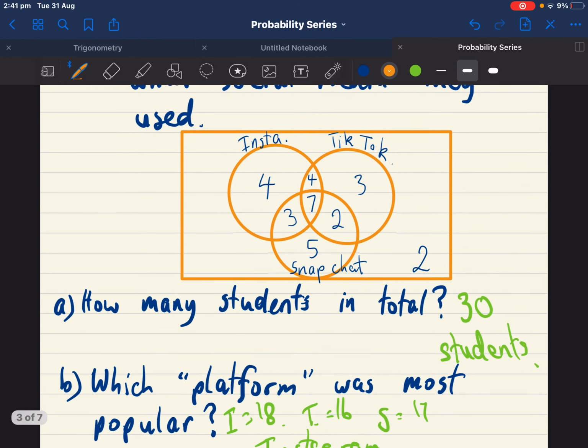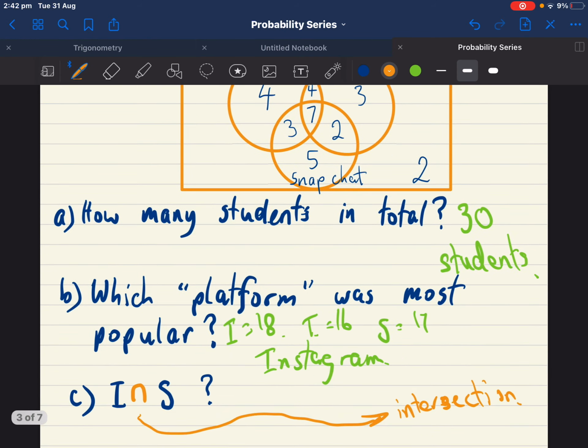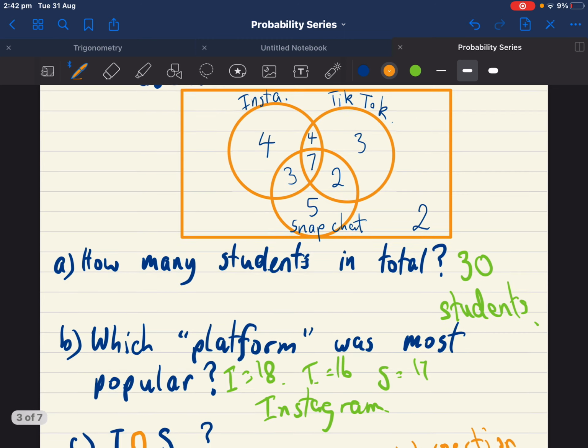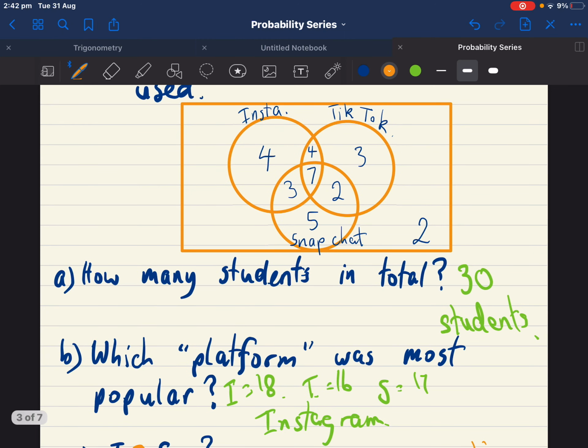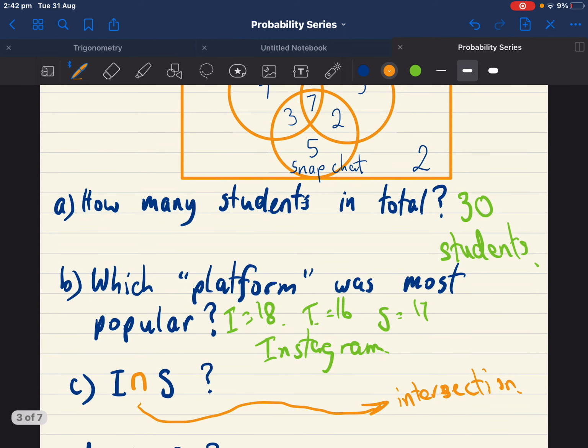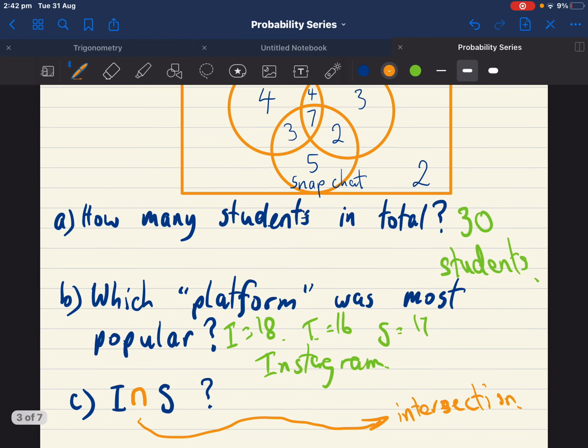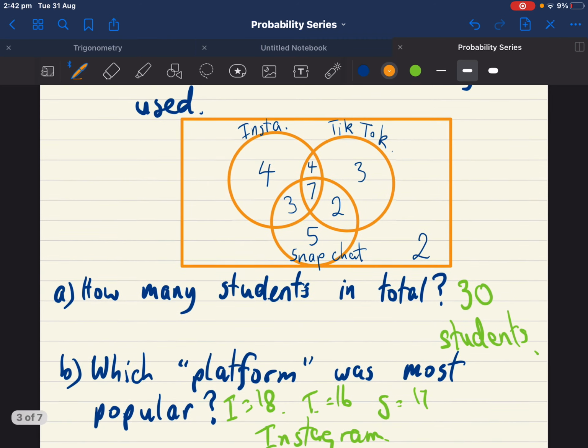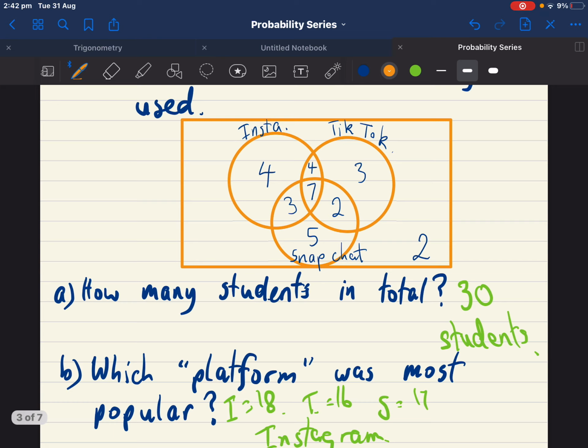So if we go back up to the Insta and the Snapchat, right, so the left and the bottom circles, we're trying to find the intersection or the crossover. In other words, how many students use both of these applications? And so what you would do is, when you look at it, you'd say, okay, well, how many students belong to both the Insta and the Snapchat circles?